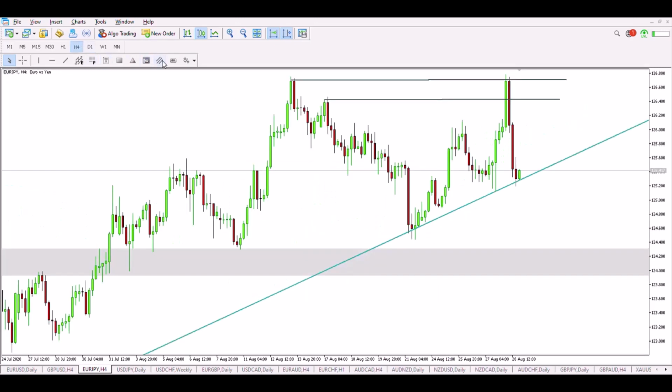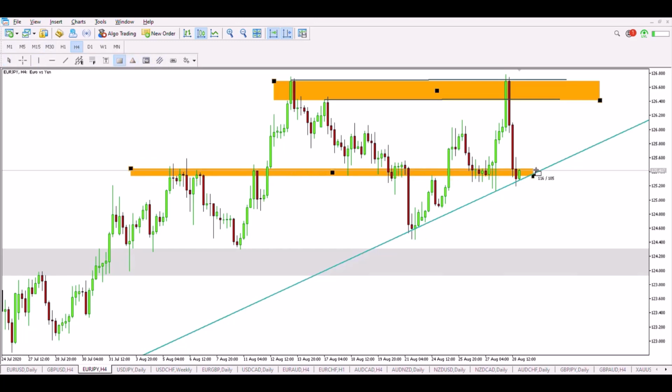So what happened on the 4 hour? We reached this resistance right here, and from there the price just dropped. Some people took a sell trade from here and they got pretty nice profit until this current support zone.